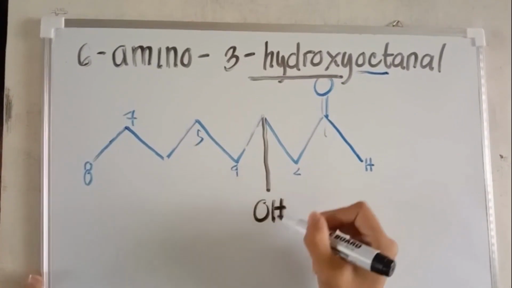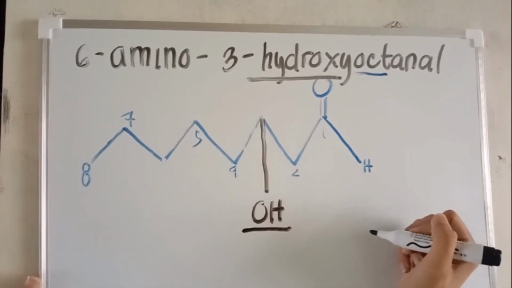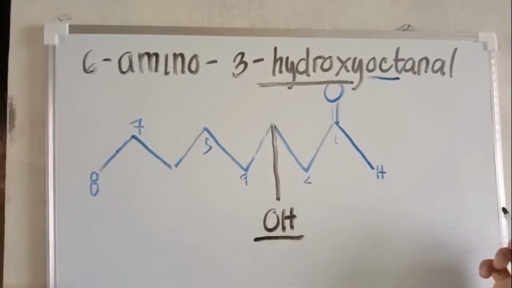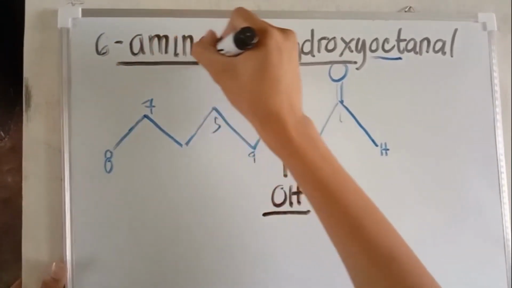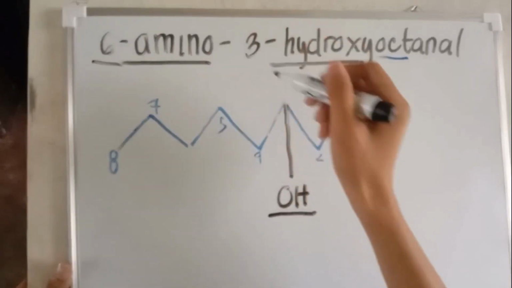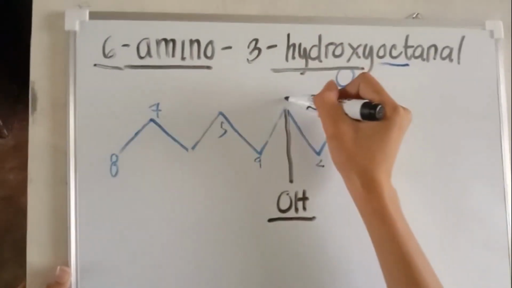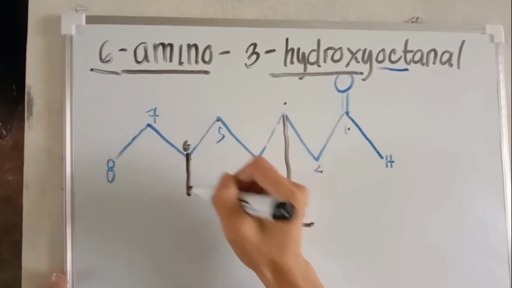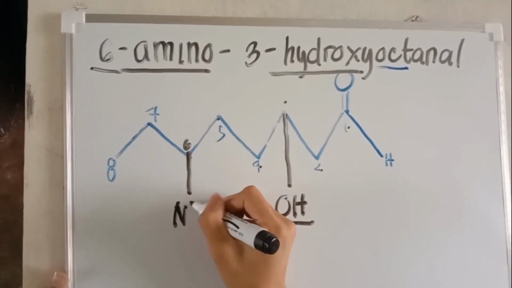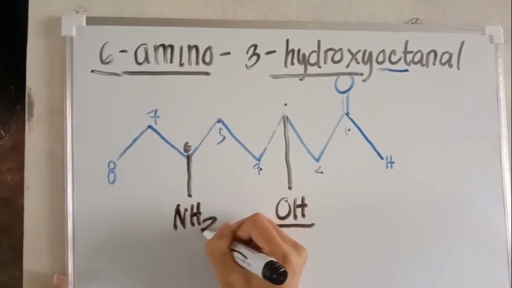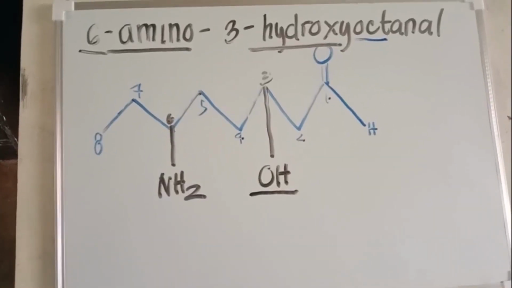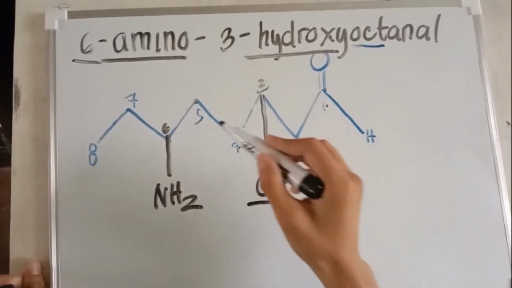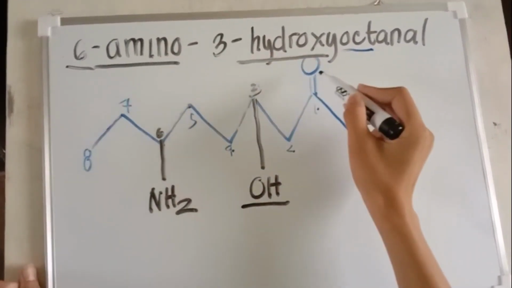OH indicates that it is a hydroxy. Second, we must identify the second substituent. Since it is an amino and it is located at carbon 6, 1, 2, 3, 4, 5, 6, you must put it here. So now we're done. This is the line angle structural formula of the given 6-amino-3-hydroxyoctanal.